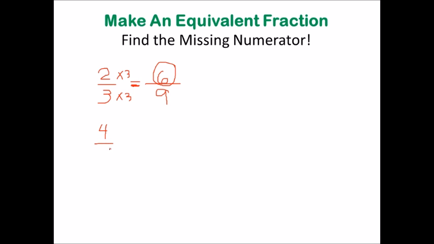Next problem, what if you have 4/9, which is equal to this fraction, and the value of the numerator is missing? You can have 36 divided by 9, which is 4. So therefore you can multiply both numerator and denominator by 4. So you have 16.